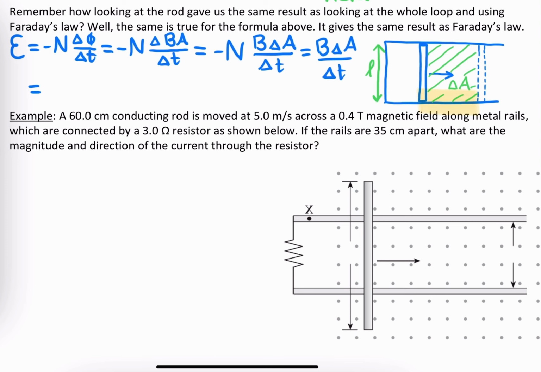So speed times time gives me this distance, how far the rod moves in a certain period of time. So v delta t times L should give me delta A. And I'm going to plug that into the formula that I'm working with over here. Instead of delta A, I'm going to write v delta t times L.